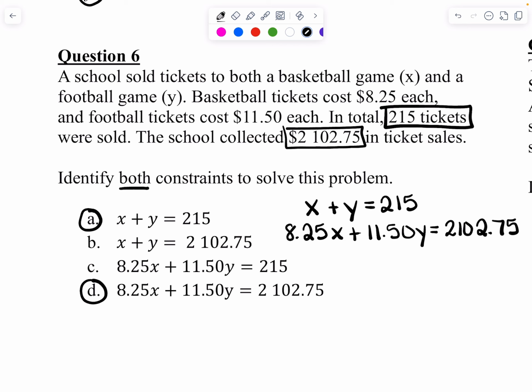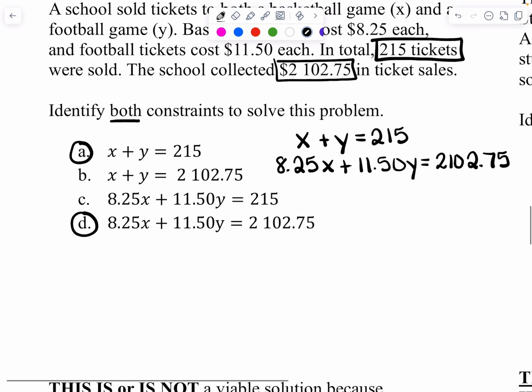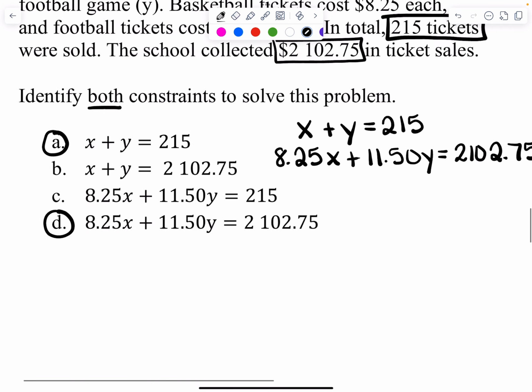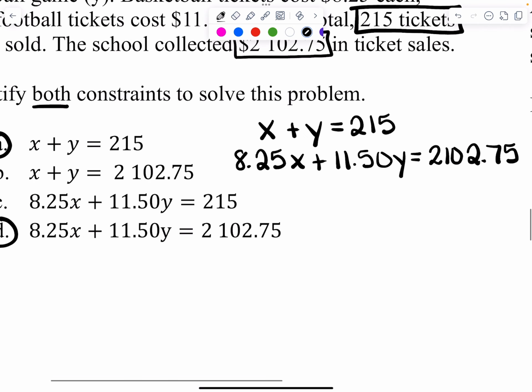All right, what if they want me to solve it? Well, let's just talk about that. What if they're asking me to solve it? Okay, so I'm going to go ahead and eliminate something because they're both in standard form. I'm going to eliminate the x's. So if this one is positive 8.25, then this one needs to be multiplied by negative 8.25.